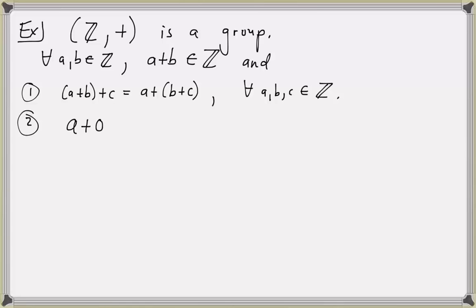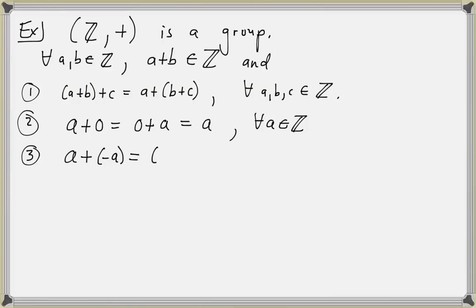So A plus 0 equals 0 plus A equals A for every integer A. Thirdly, every integer A has an additive inverse called negative A. So A plus negative A equals negative A plus A, and that equals the additive identity 0. So the inverse of A is negative A for all integers A.